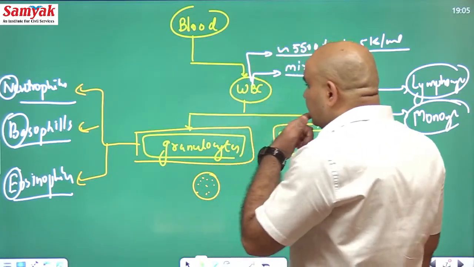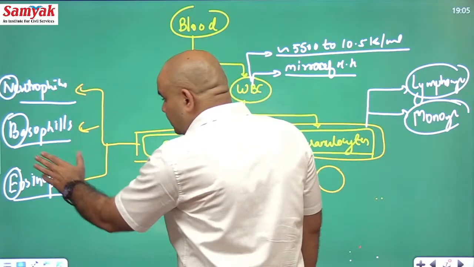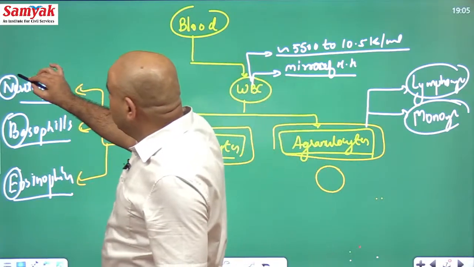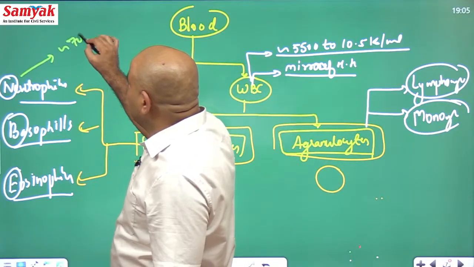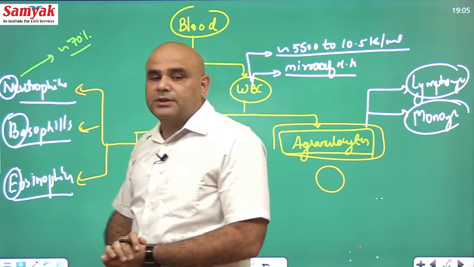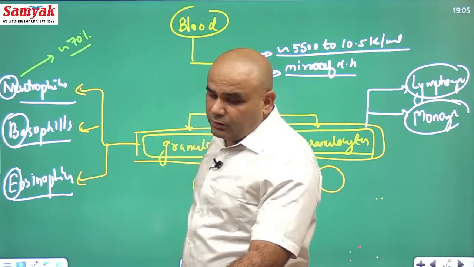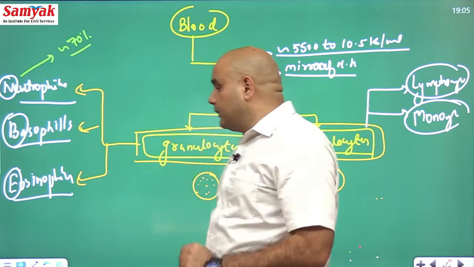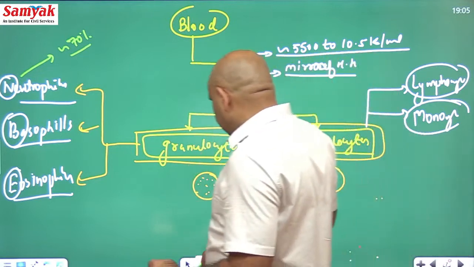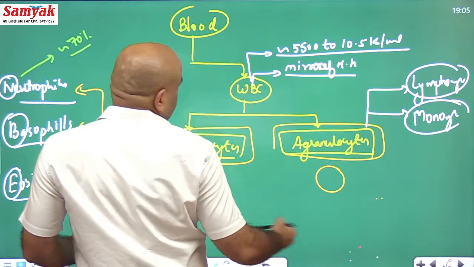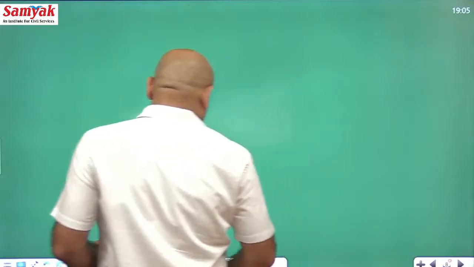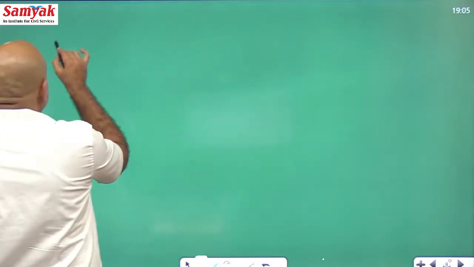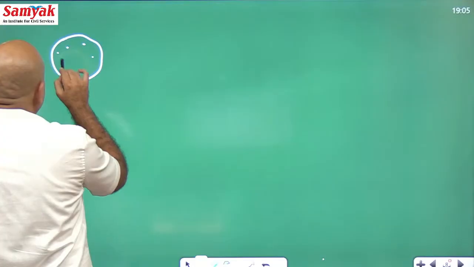Now see, there are three types of granulocytes: neutrophil, basophil, eosinophil. Always remember that approximately 70% of WBCs are neutrophils. Now, they are going to ask you what is the function of neutrophils. Just imagine these are the neutrophils.